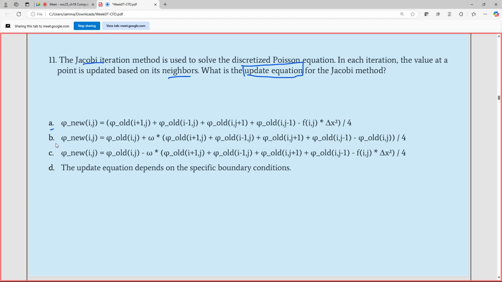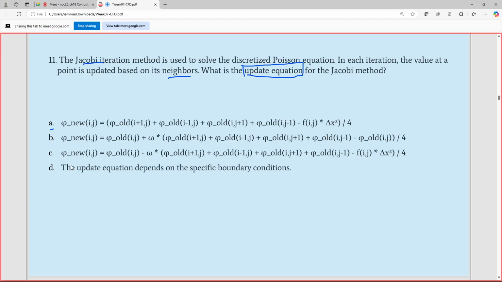Option B: phi ij new is equal to phi ij old plus omega times phi I plus 1 j old, phi I minus 1 j old, phi I j plus 1 old plus phi I j minus 1 old minus phi I j old, divided by 4.